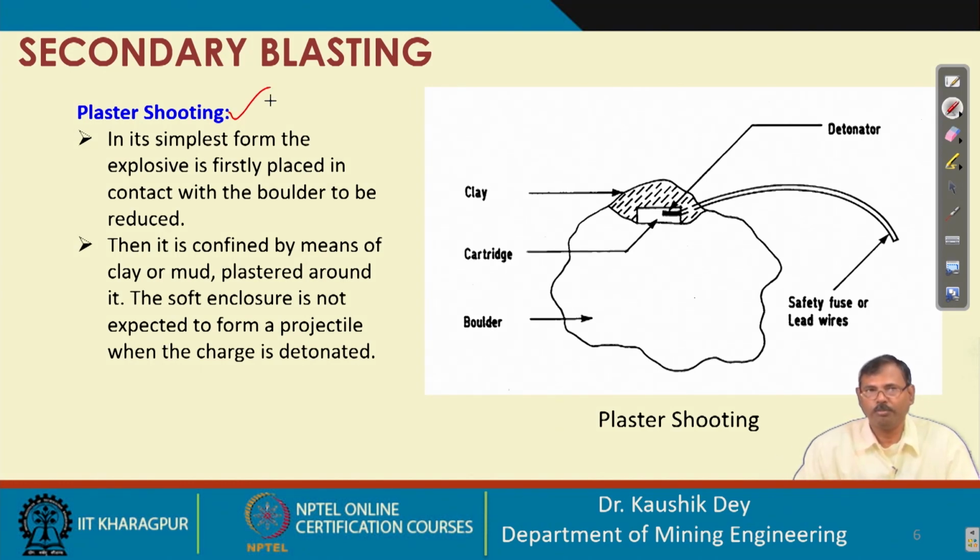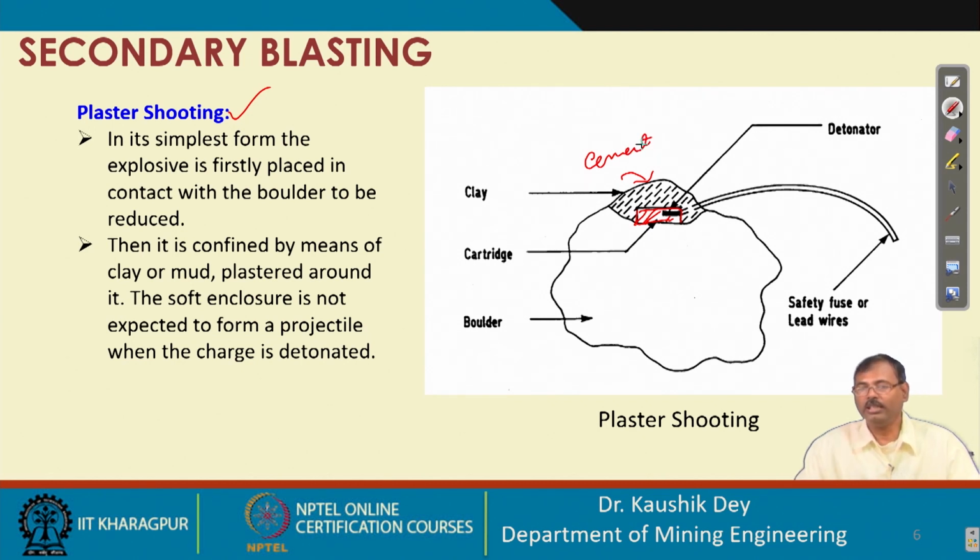Plaster shooting is a method where, suppose this is the boulder, one keeps an explosive above the boulder, without drilling, only on the surface of the boulder. That explosive is covered by clay or cement.